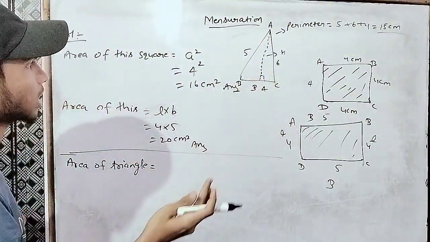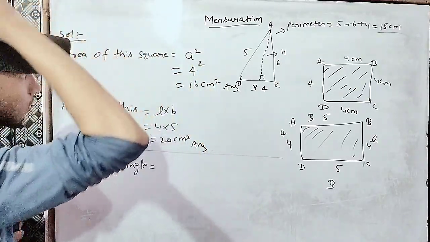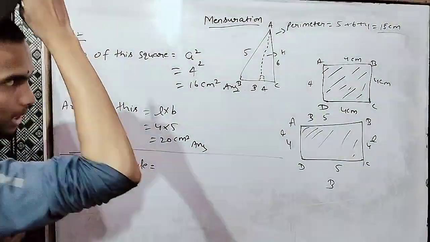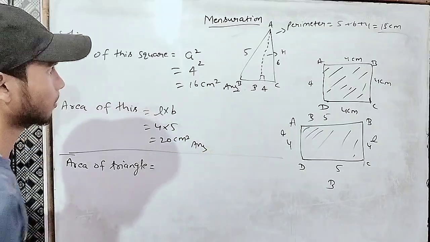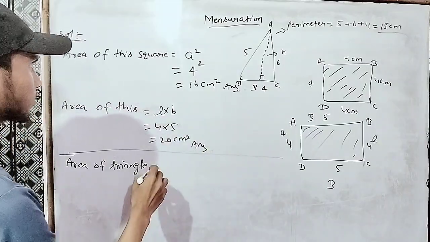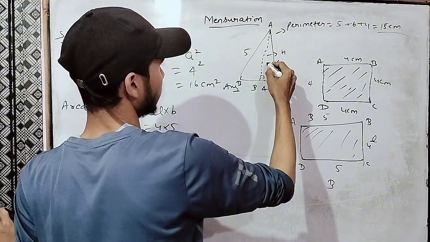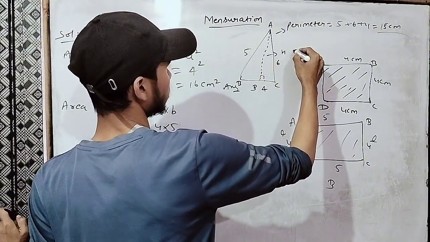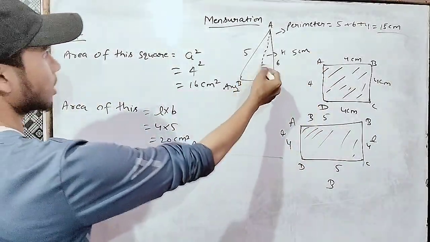As we know, there is no diagonal in a triangle, so we draw a perpendicular line for height. Let's say height is 5 centimeter.